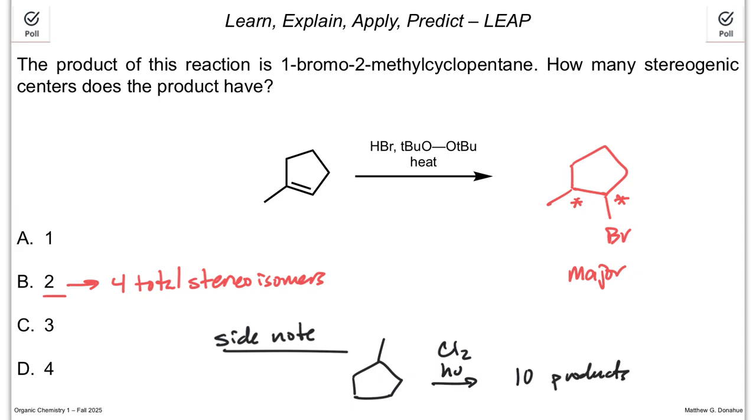So a couple lectures ago, I posed this problem of starting with methyl cyclopentane with chlorine and light, and then asked how many monochlorinated products there could be. The first answer that was fired off was 3. Then someone said more than 3. So when I went through that, I got 10.